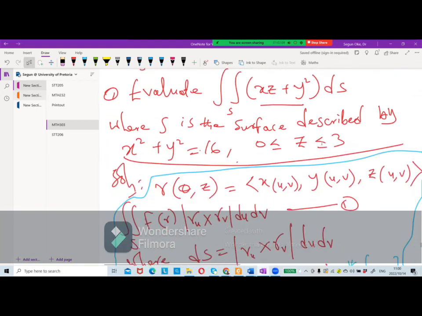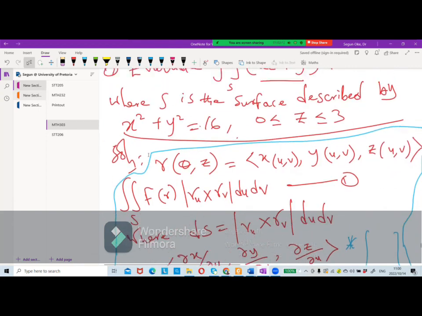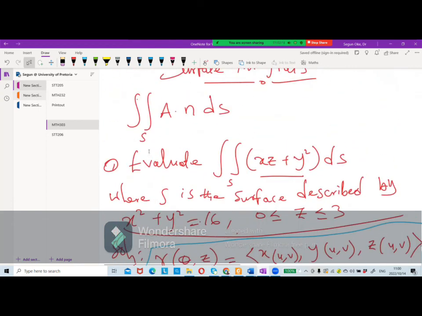The question says evaluate it. At this point, before you substitute, before you solve this problem, you need to go back to that equation.